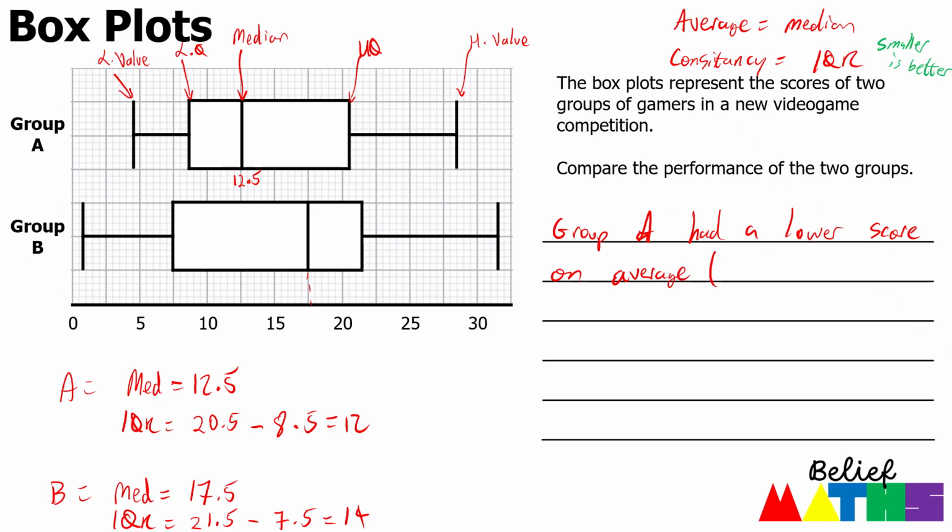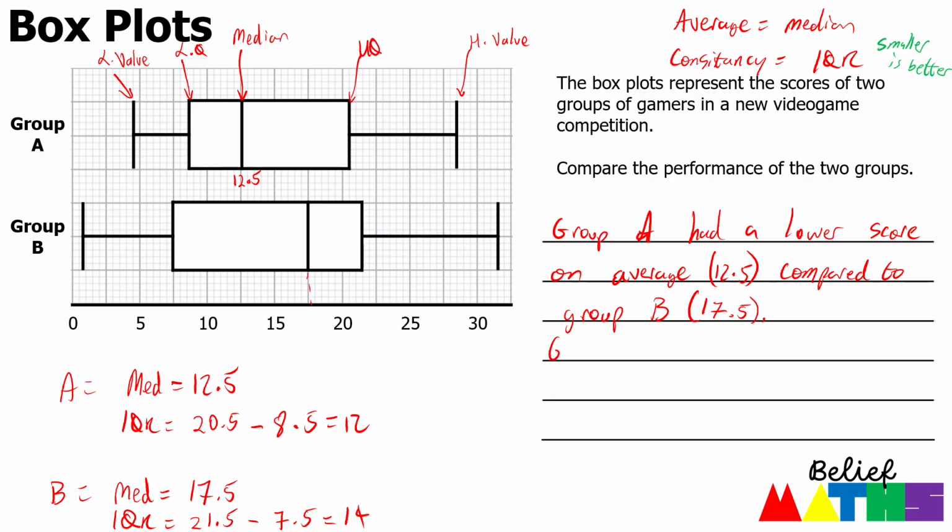And then we can put the number in there, so that was 12.5 compared to group B, and they had 17.5. Again, looking at our medians. We don't want to say whether that's better or worse, we just want to say they had a lower score or higher score on average.